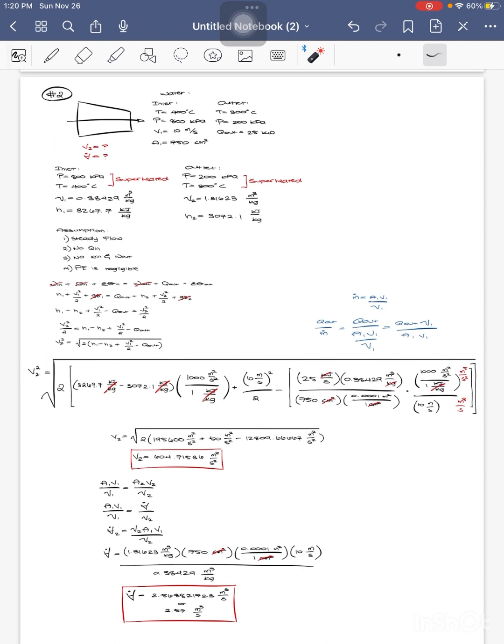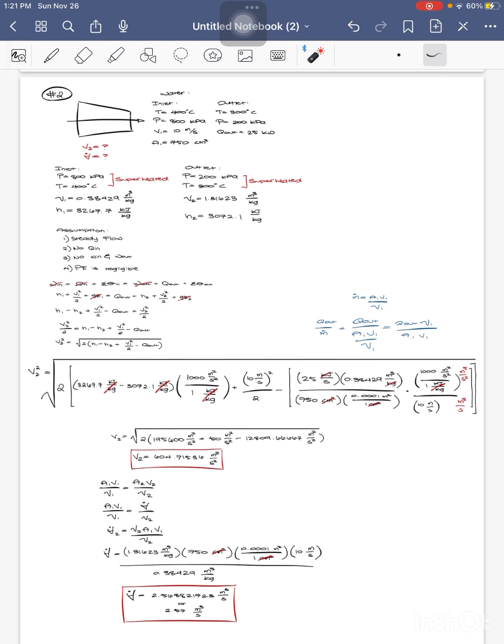For inlet it is superheated, and for outlet as well it is superheated. Using the superheated table, I determined the specific volume and the enthalpy for the inlet, and for the outlet as well.